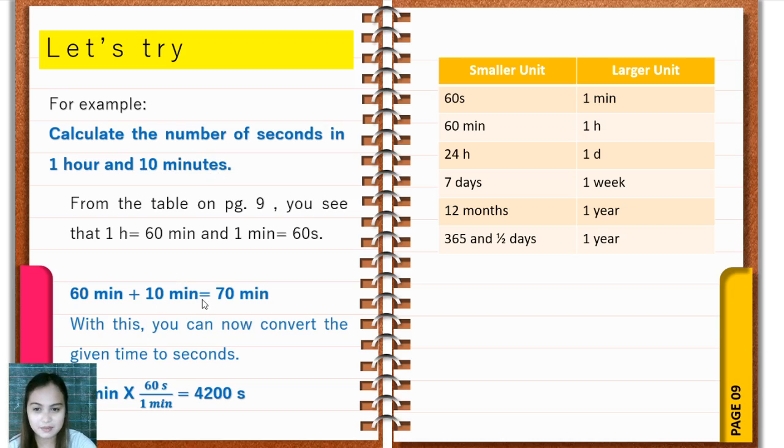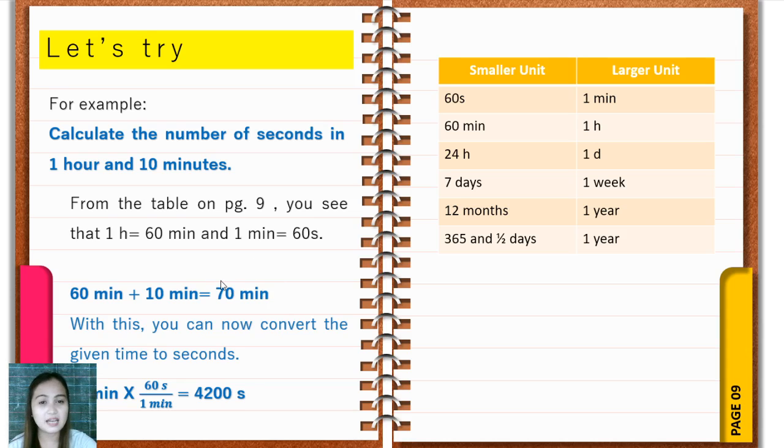Let's find the sum. 60 minutes plus 10 minutes is equal to 70 minutes. Now, in the problem, we will find seconds. So in the first solution, our answer is 70 minutes.